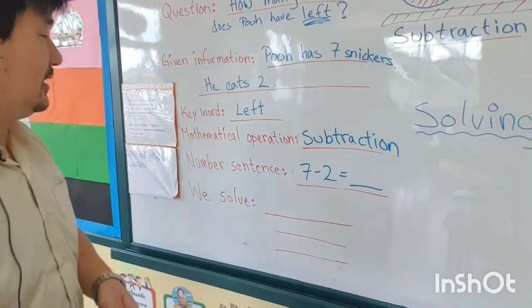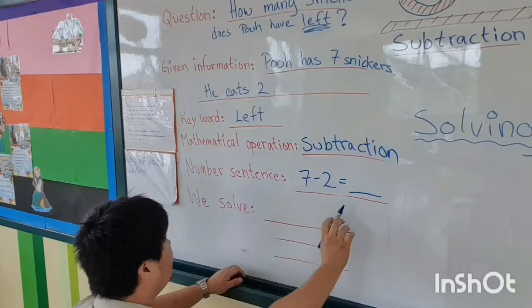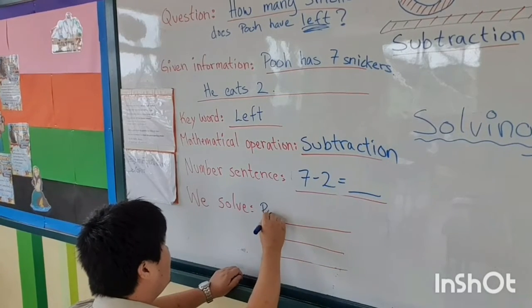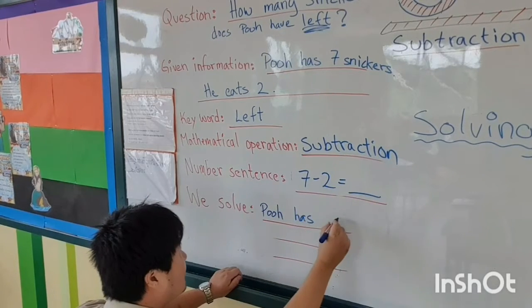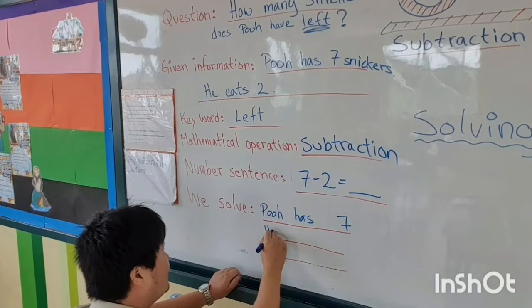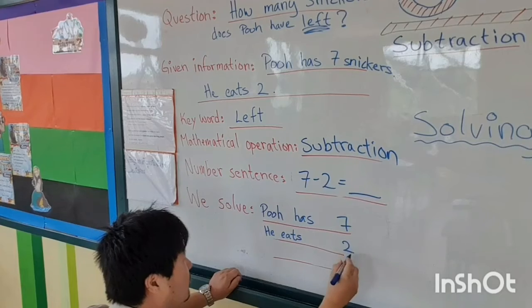How do we solve this? Right, so we solve it by writing first Pooh has 7, and then he eats 2.